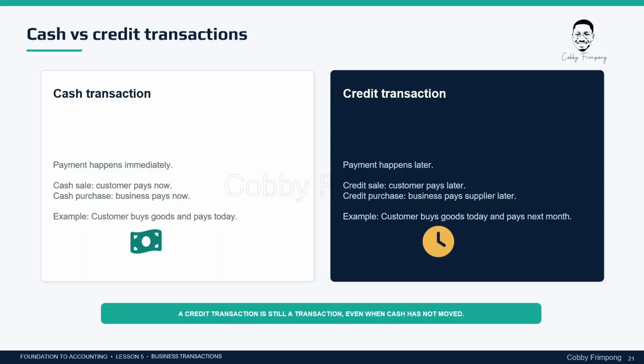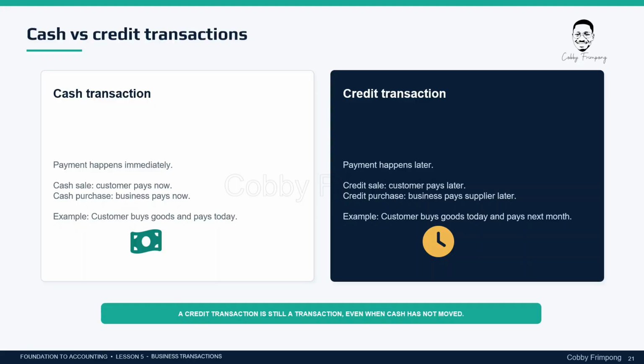Cash versus credit transactions. In a cash transaction, payment happens immediately. In a credit transaction, payment happens later. If a customer buys goods and pays immediately, it is a cash sale. If a customer buys goods and promises to pay later, it is a credit sale.